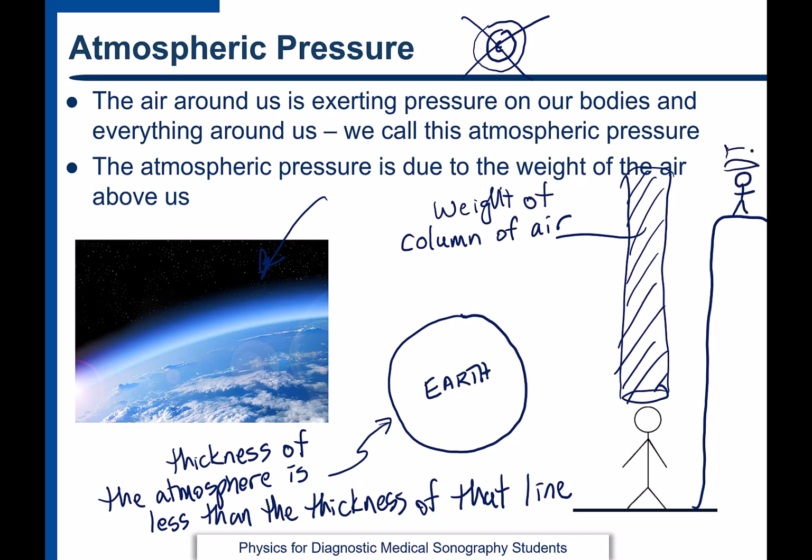There's not as much air, there's not as much atmosphere above you as there is if you're at sea level. And so the pressure goes down as you go up, just like if you go up higher in a swimming pool, there's less pressure on you.